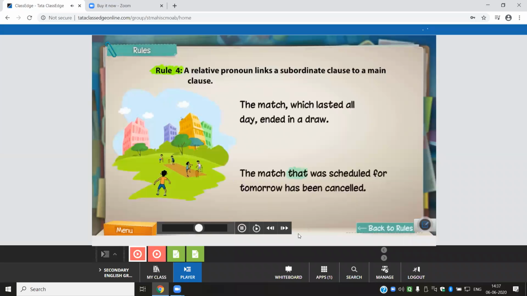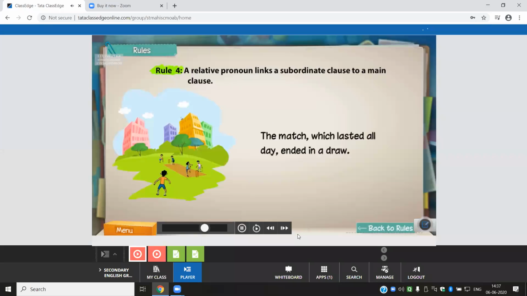Similarly, that and which are also relative pronouns. When you want to add information that is not essential to complete the meaning of the sentence, use which rather than that. Be sure to separate this non-essential information with commas.